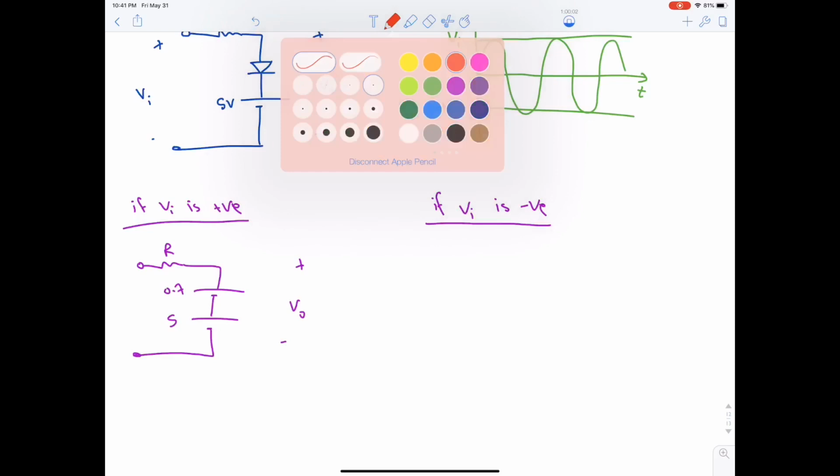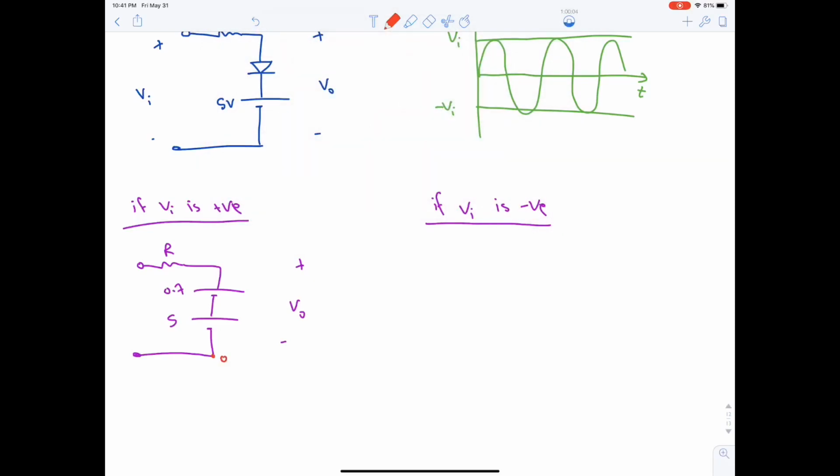This is 0, then this is 5 volt, okay, 5 plus 0.7 is 5.7. So V output is 5.7 minus 0, so it's 5.7 volt, okay, 5.7 volt.